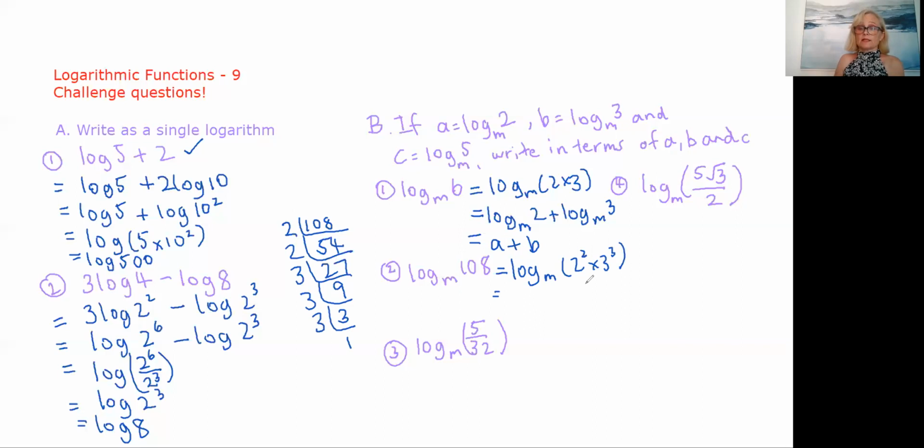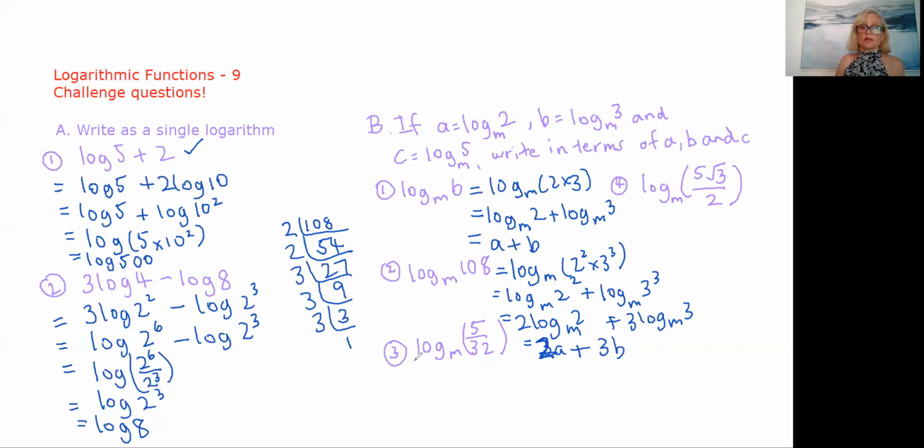All right, let's break this up into the sum of the log of 2 squared to base m and the log of 3 cubed to base m. And then these indices here can come out the front as a multiplier. And then finally, log of 2 to base m was A, so this is 2A plus 3B.